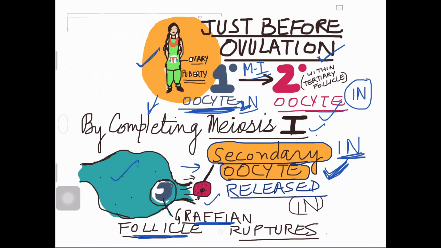That means, very strange thing, that it is not the ovum which is released by the ovary, the mature ovum, during ovulation. It is the secondary oocyte which is released in humans, in the human girl, and not the ovum.